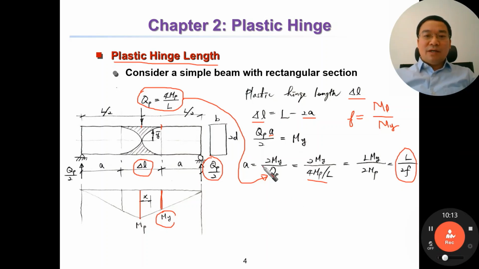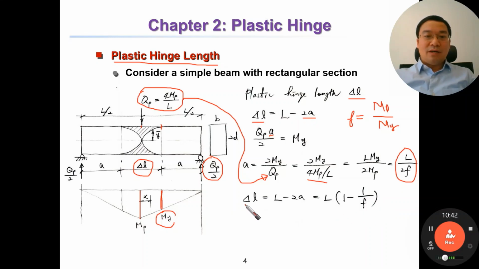Now we have A as a function of L and the section. Then finally we can calculate delta L, the length of the plastic hinge or plastic zone. Delta L equals L minus 2A, or equals L multiplied by 1 minus 1 over F. Very simple.